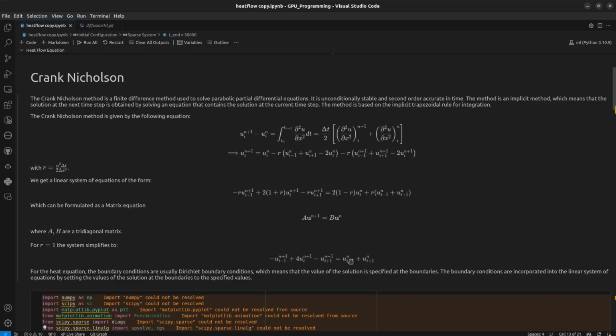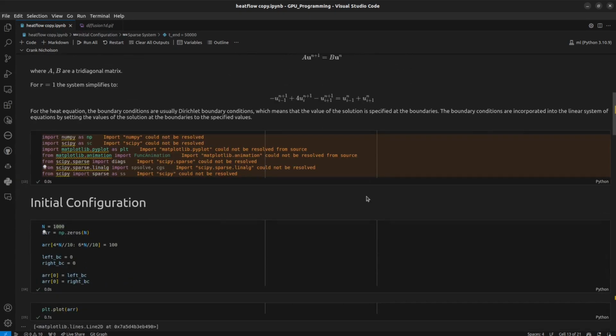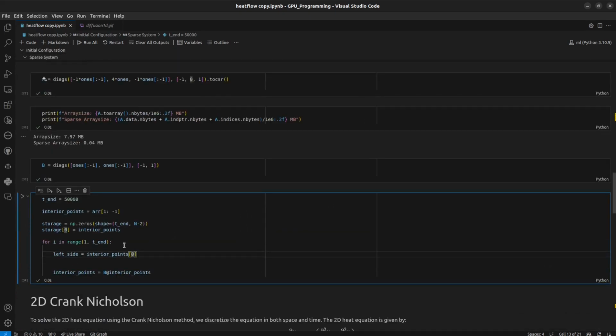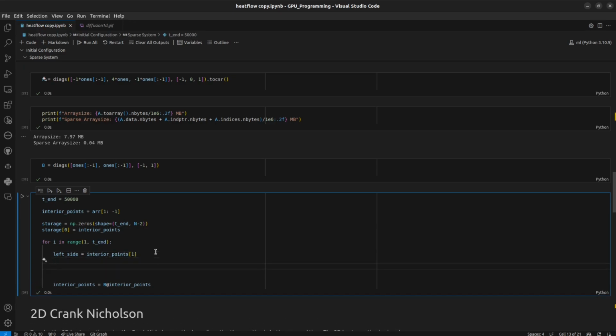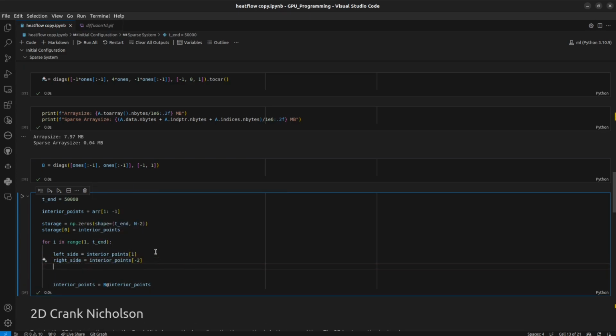The point left to it is going to be the boundary condition that we already know, but the point right to it we don't know, and we have to save it because afterwards it's going to change. So that's going to be the second point in our interior points, but it's going to be 2 away from the boundary. Similarly on the right side, it's going to be the second to last.